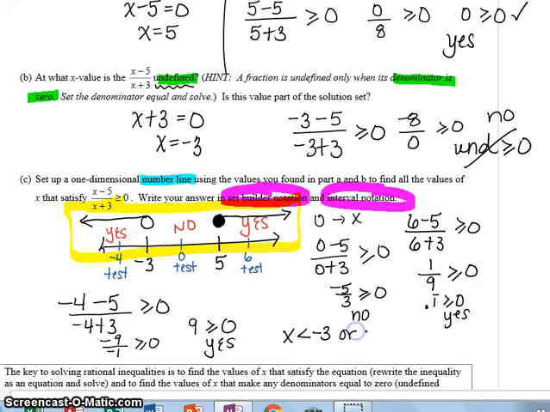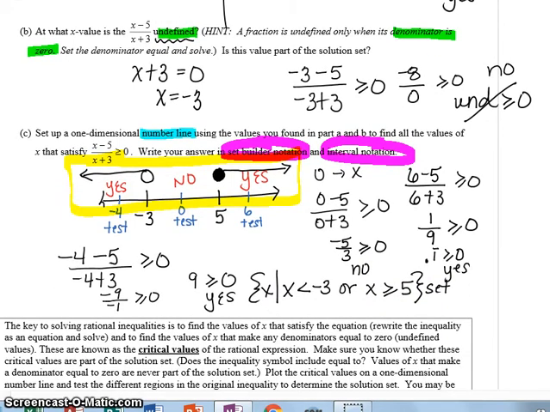And then you say, or x is greater than or equal to 5, because it's going to start at 5 and go higher. In set builder notation, that's where you have the curly brackets. Okay, so this is my set builder notation. Again, running out of space. I apologize. So this means for all x such that x is less than negative 3, so it's everything falling lower. It does not include it. Remember, that's where it's undefined. Or it's going to be x is greater than or equal to 5.